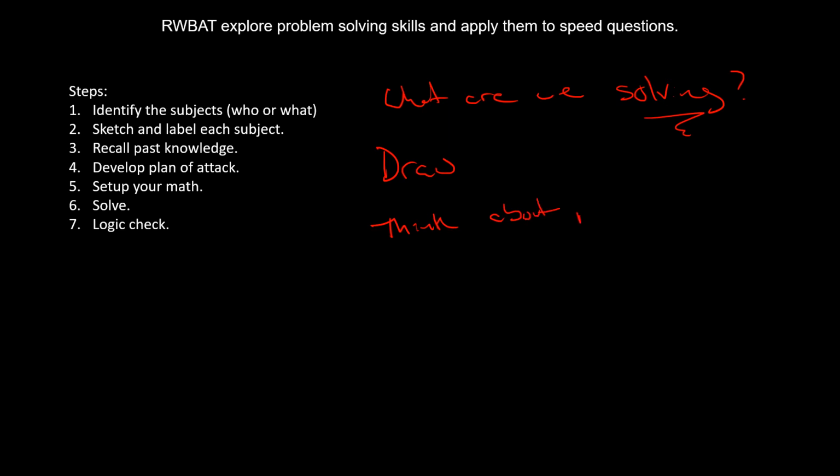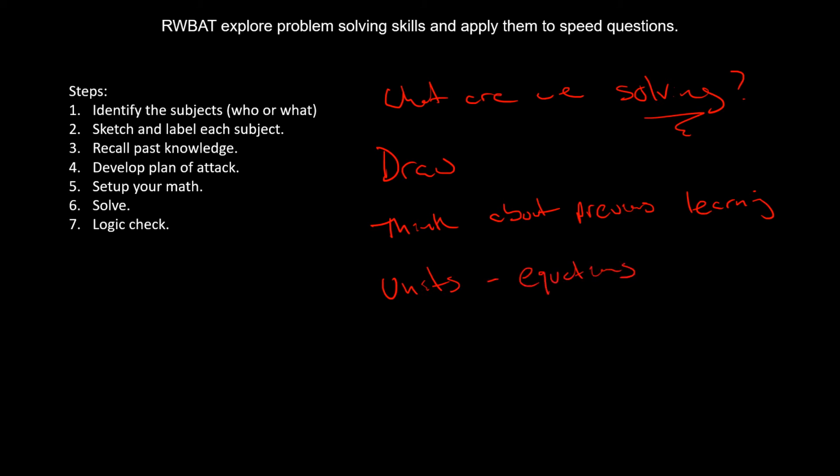Then you're going to recall past knowledge, so you're going to think about previous learning. The reason for this is you might have already done a problem like this, or you might remember an equation or a solution, something very much related to what we're doing. You're then going to develop a plan of attack, and this means identifying units and equations.